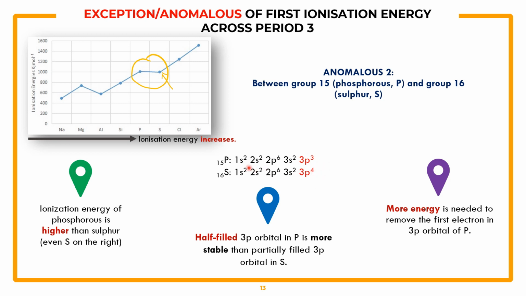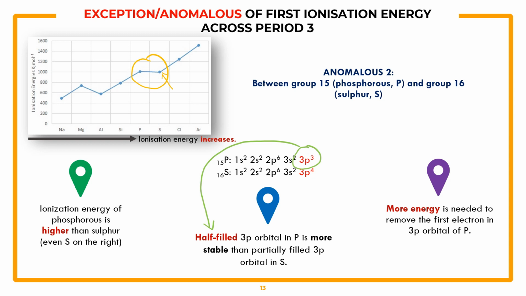In the electronic configuration of phosphorus, we can see that at the outermost orbital 3p, we have 3 electrons. For sulfur, we have 4 electrons in this outermost orbital. If you draw the orbital diagram for 3p3 and 3p4, you will see that the 3 electrons in the 3p are arranged in a half-filled orbital.